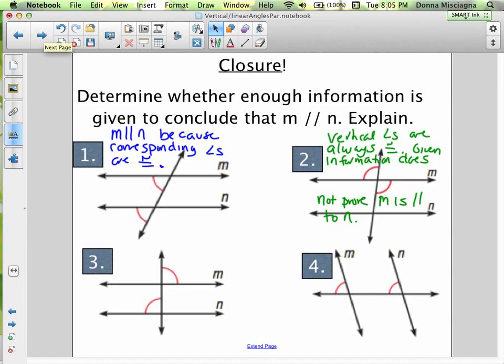So vertical angles are always congruent. The given information does not prove that line M is parallel to line N. Just not enough information at all.